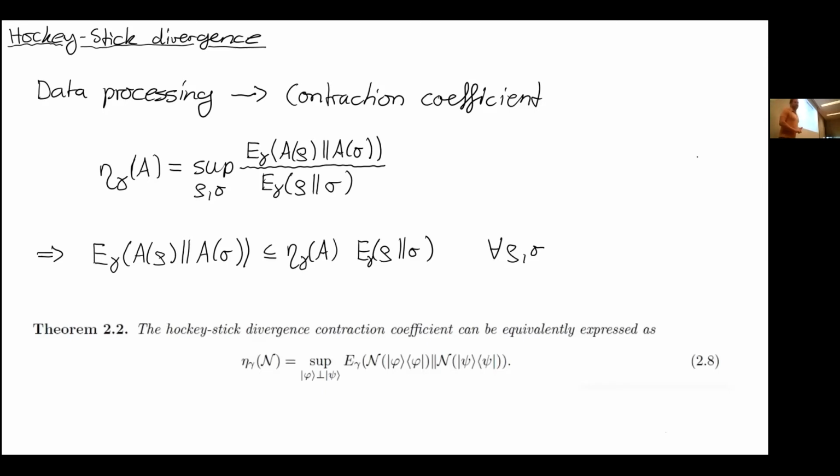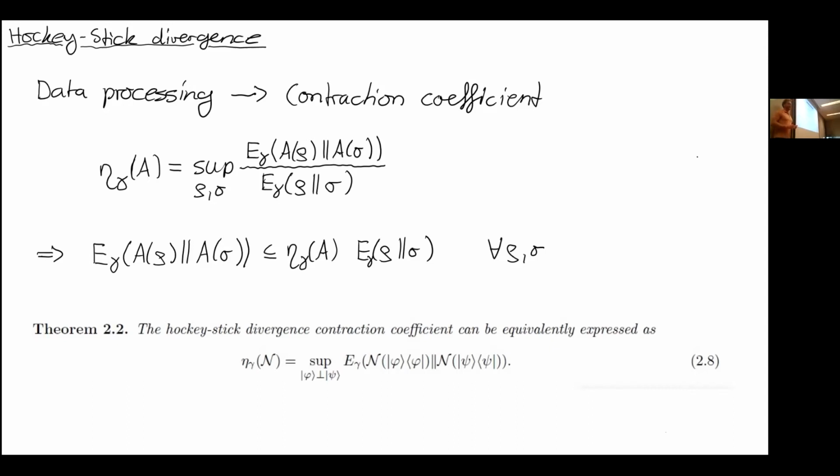One last statement about contraction coefficients is that usually they are very hard to compute. If you look at other divergences, like the relative entropy, we don't have good ways of efficiently computing these contraction coefficients, and that's mostly because they're a fraction of two divergences.